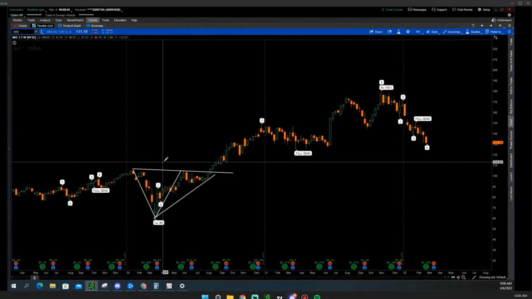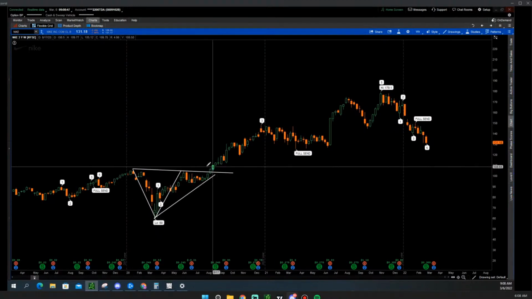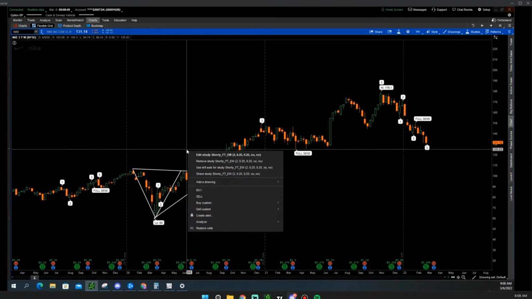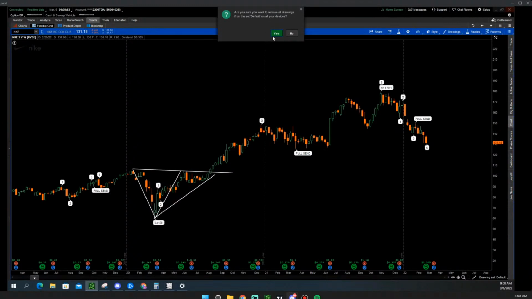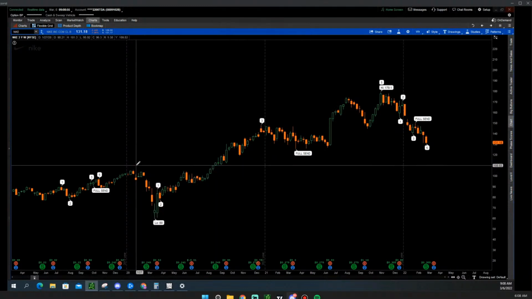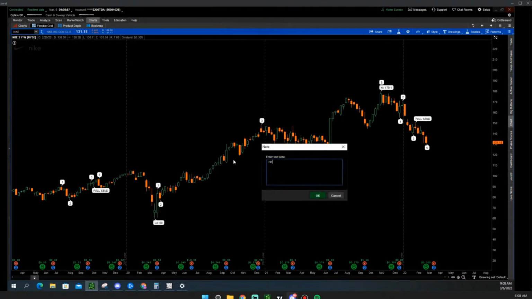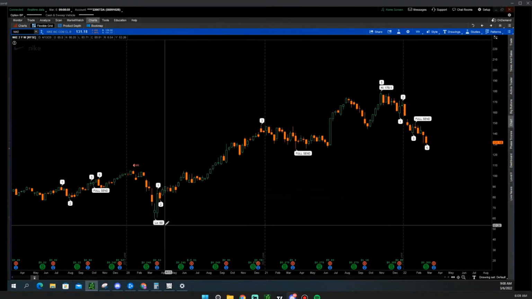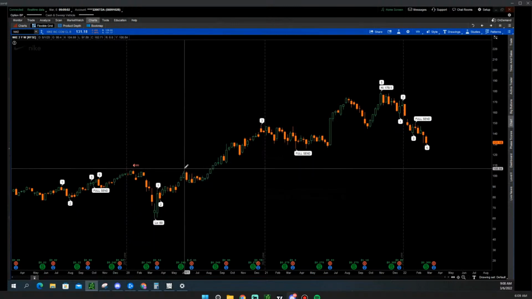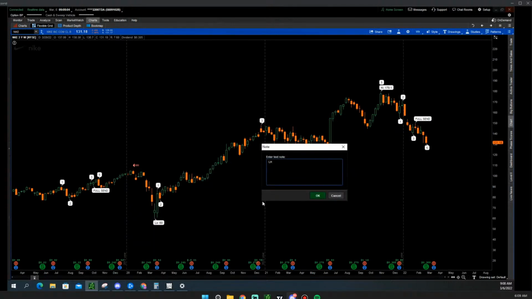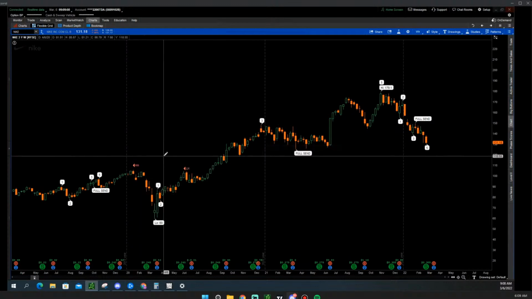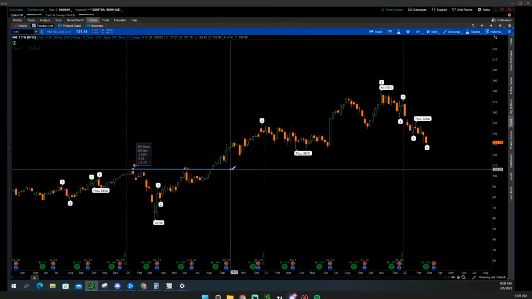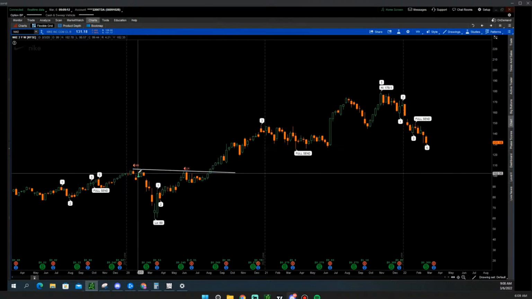Once you're able to connect that, you can play the breaks of these higher highs and lower highs. If I mark these as higher highs right here, and this is my lower high, all I have to do is connect these, and now I have a trend, and I know it's consolidating.